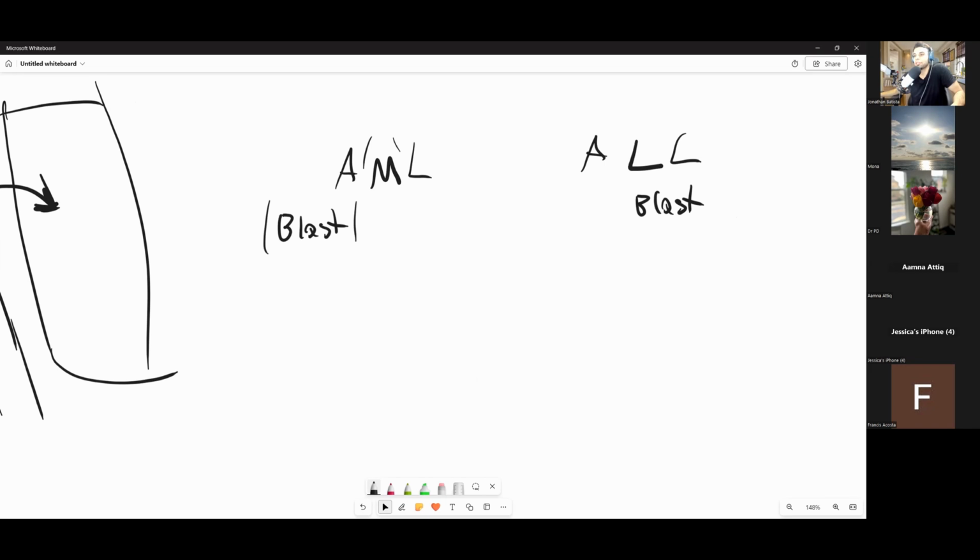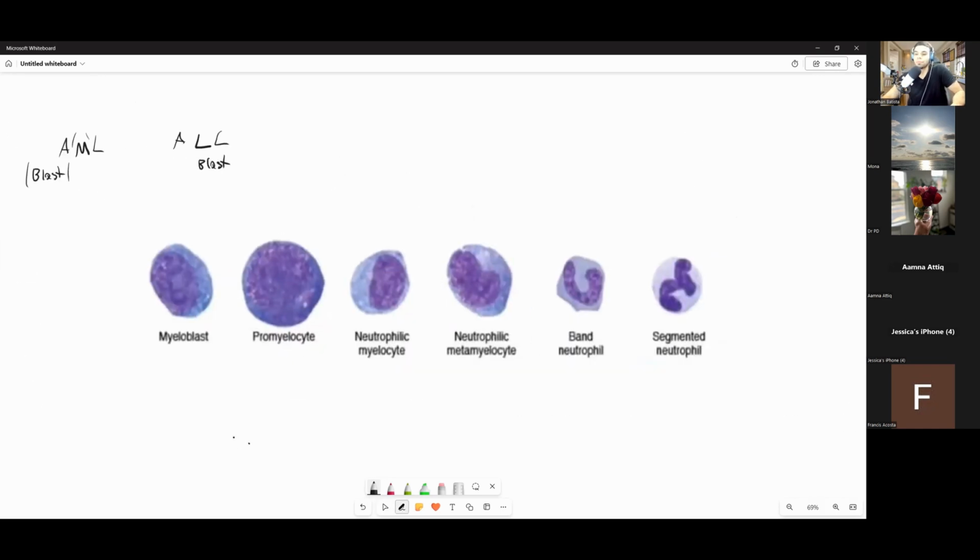So let me show you guys an image. I think the best way to show it off will have to be an image. Image is a lot better. Here you go. So if we look at it like this, myeloblast, promyelocyte, neutrophilic myelocyte, metamyelocyte, band.